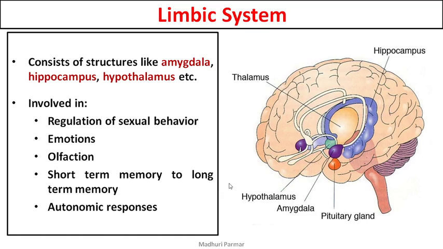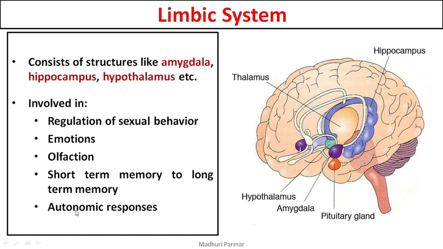Then autonomic responses. Autonomic responses are the responses where you are not consciously doing anything. This could be like hearing, watching TV. So sight and vision and all, it is not under your control. Then also movement of your intestines, and movement of the smooth muscles of your heart. All of this can be controlled by these autonomic responses.